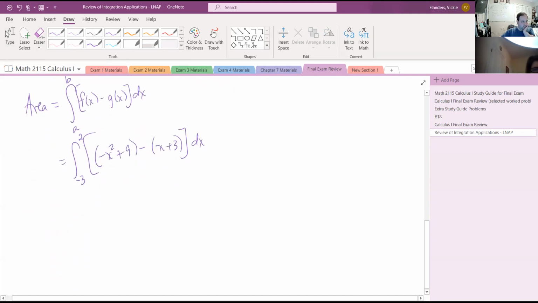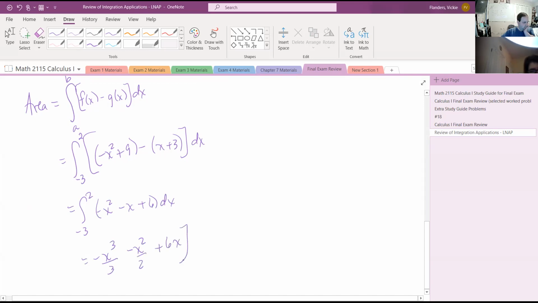If I distribute the minus sign and combine like terms, I get negative x squared minus x plus 6 dx. Integrating that, I get negative x cubed over 3 minus x squared over 2 plus 6 times x, from -3 to 2.